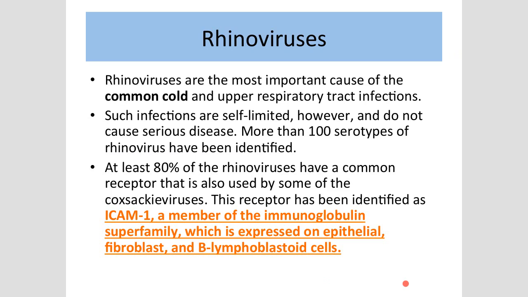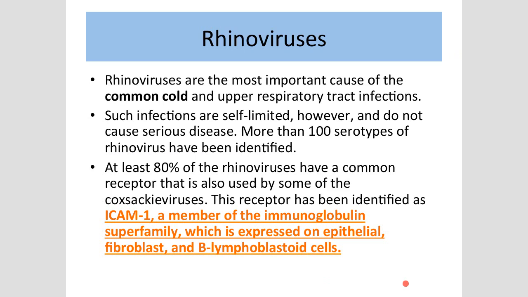The most important thing, as a pharmacist or as a drug developer for those people who need help, and we did talk about that in immunology as well: keep in mind that like any receptor, this particular receptor required for these rhinoviruses, in about 80% of the cases, is a common receptor, which is also used by Coxsackie virus.